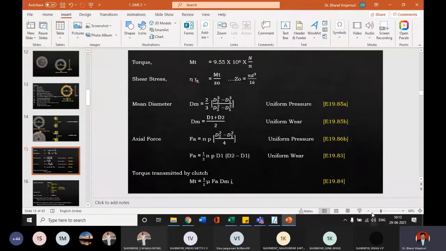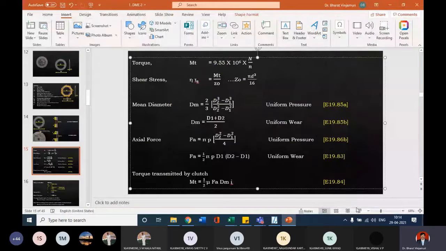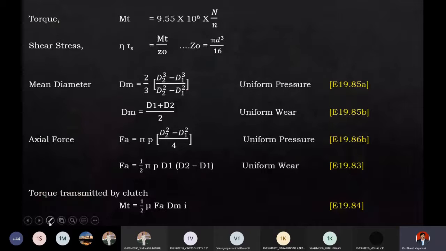Now for a moment, try to see here, guys, in this equation. Here you have axial force, and there is one more axial force here.